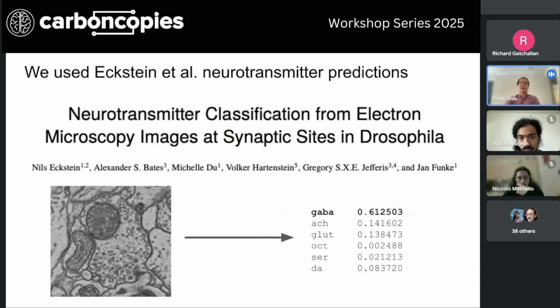Additionally, we used the Eckstein et al. neurotransmitter predictions. These are a set of machine learning based neurotransmitter predictions. Importantly, we want to know whether or not a neuron is either excitatory or inhibitory. In fact, we can find this information from the electron microscopy images.